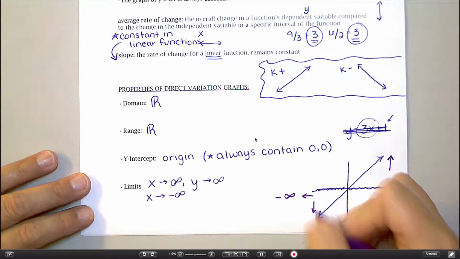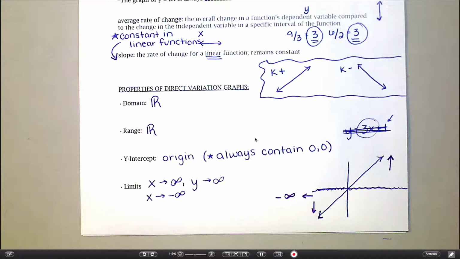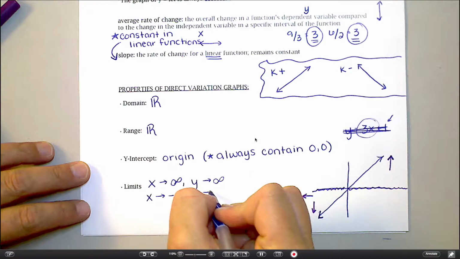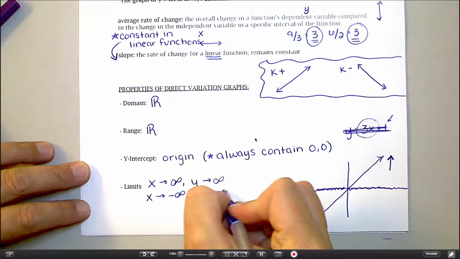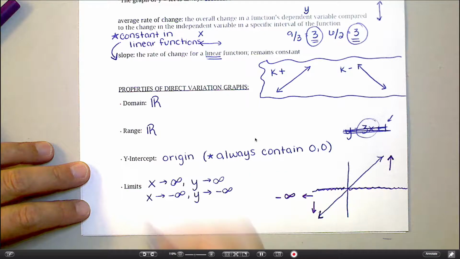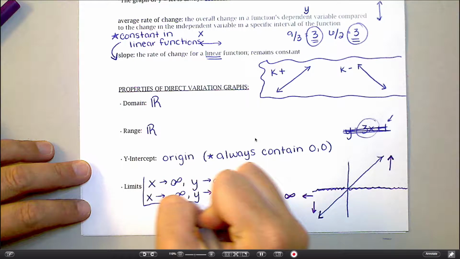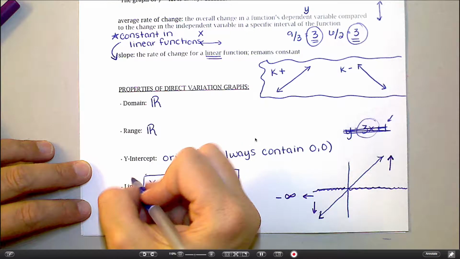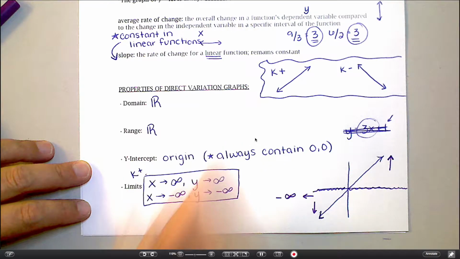Well, they're going down and down and down forever. And so going down forever, we would say is negative infinity.